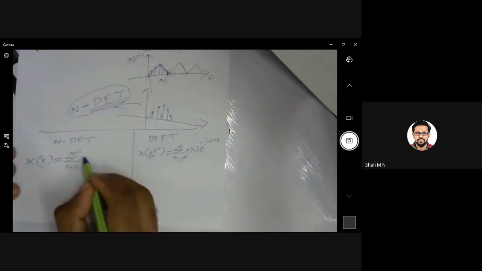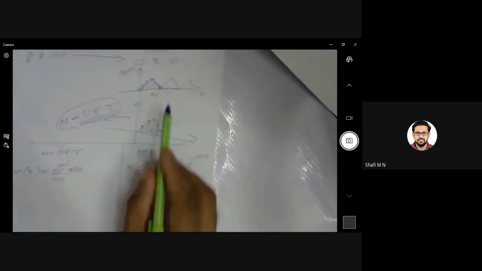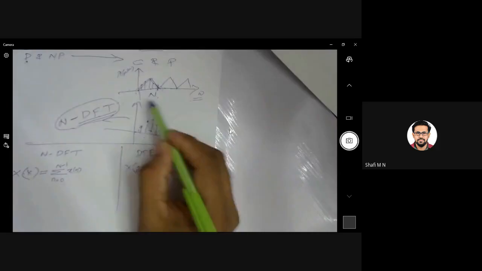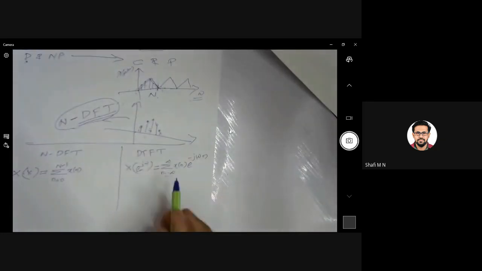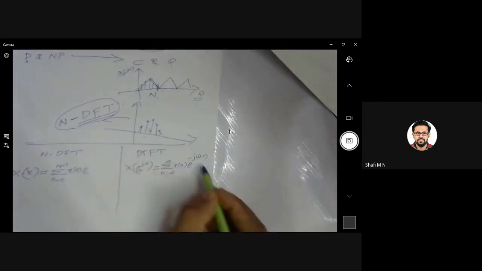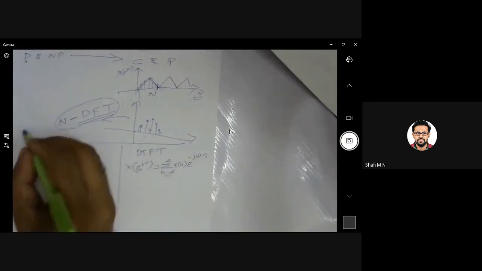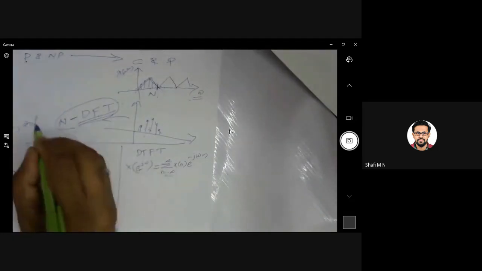Now 0 to N minus 1, what is the next term? X of n, likewise itself. Next, you have to sample. What have you sampled over here? You have sampled omega, the frequency domain. Omega is 2 pi f, isn't it? So e power minus j, omega is 2 pi f. The term was minus j omega n.